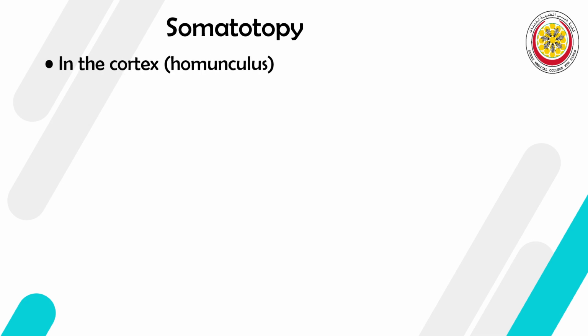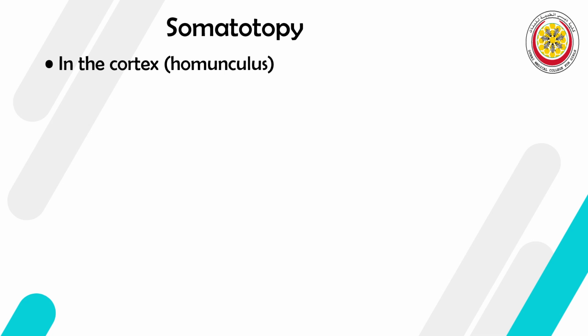Now, somatotopically speaking, what do we mean by somatotopic organization? If you take the bundle itself, you will find the fibers going to the lower limb are in a particular part of the bundle, those going to the trunk, those going to the upper limb. So it's always a somatotopic organization of the descending tracts themselves.